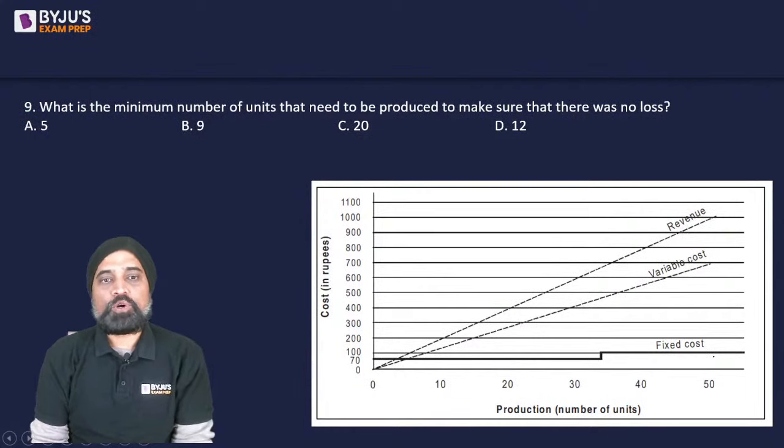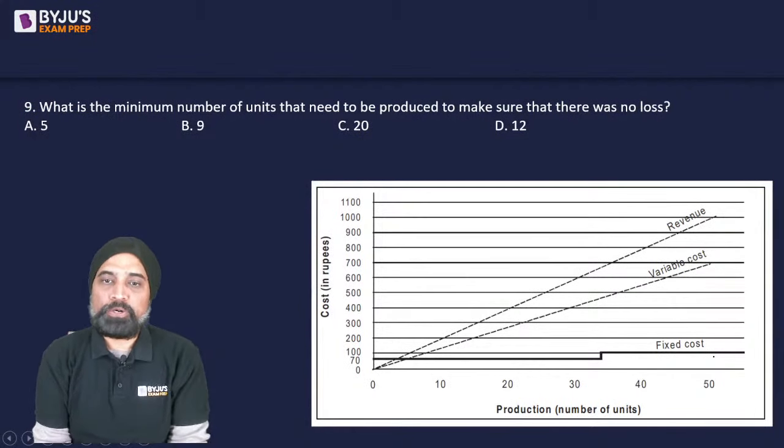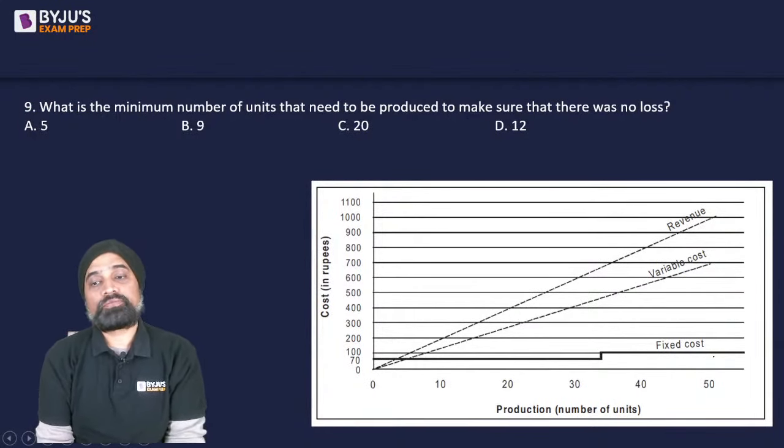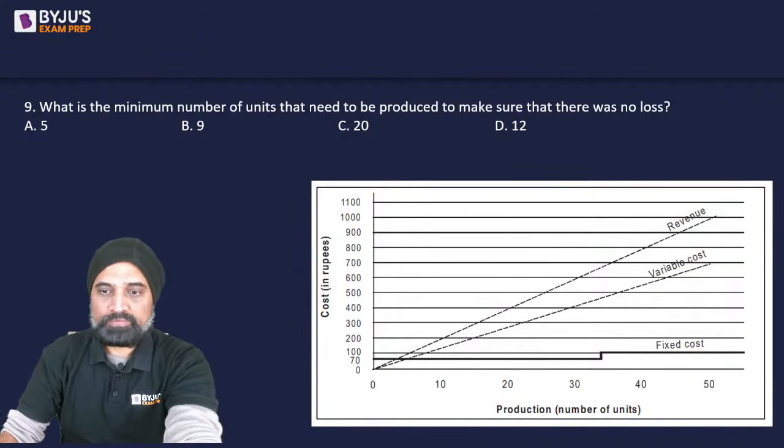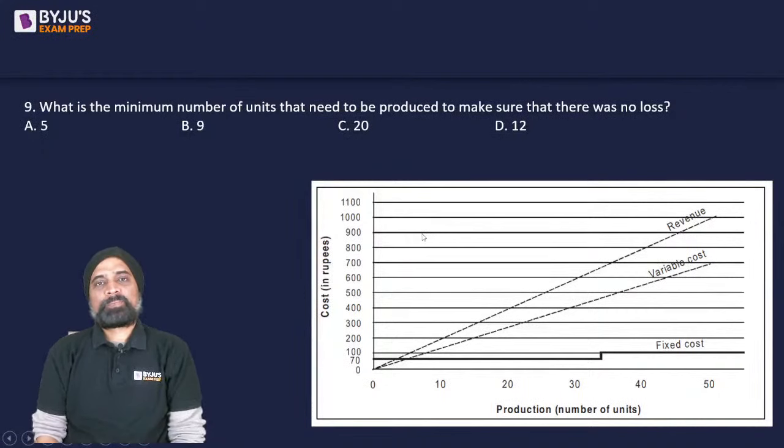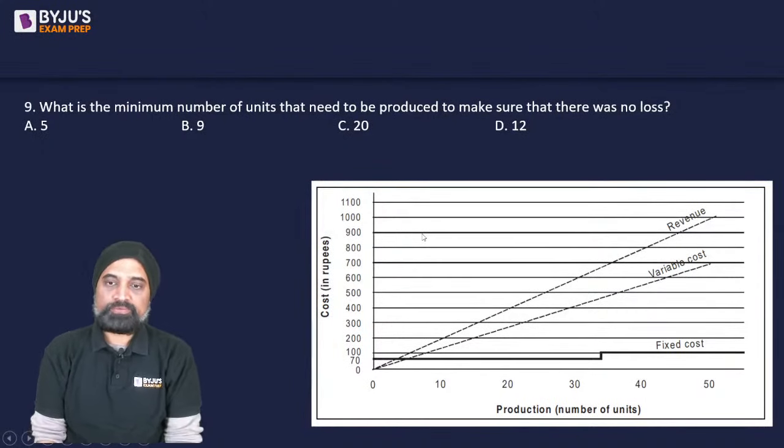Okay. Now, what is the minimum number of units that need to be produced to make sure that there was no loss? Okay. So how should we go ahead and solve this? What shall we do?